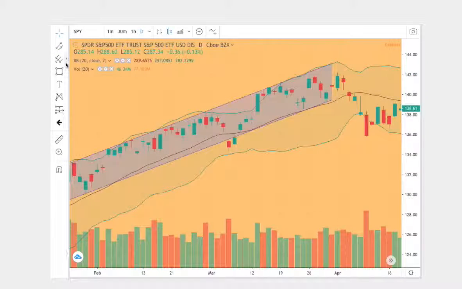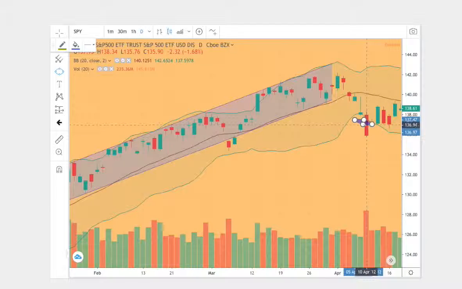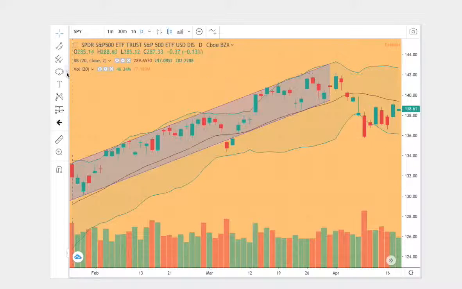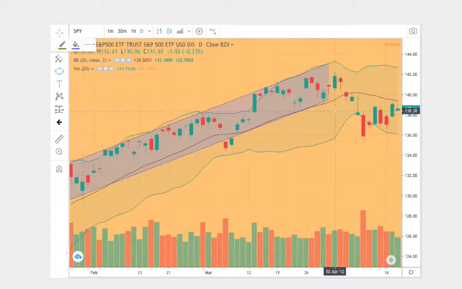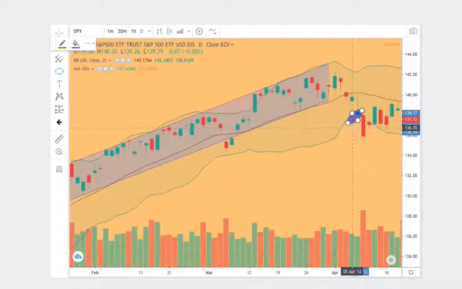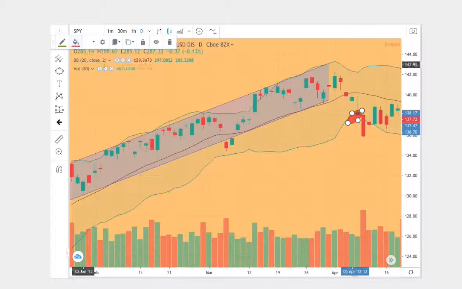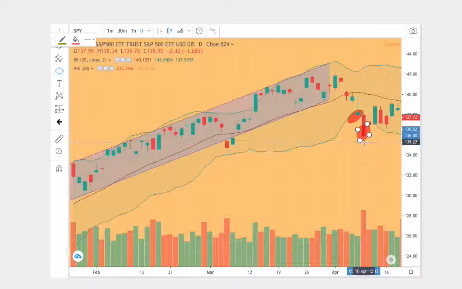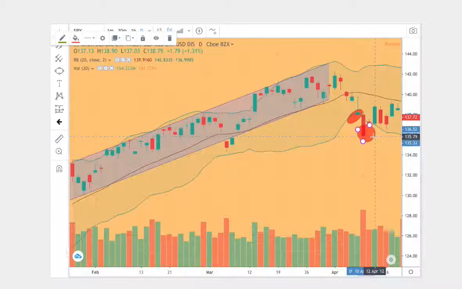and after that it quickly touched the bottom Bollinger Band right here, and we do see the price closing down and then another touching of the bottom Bollinger Band, and then we have the instance of closing right below the bottom Bollinger Band.